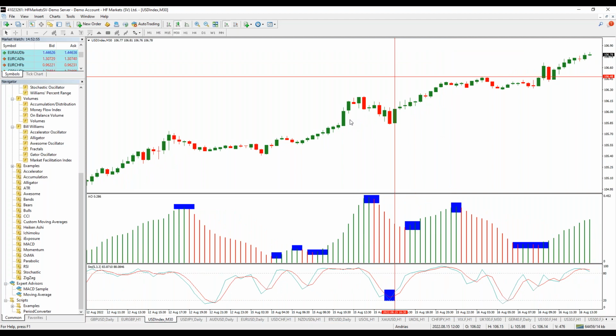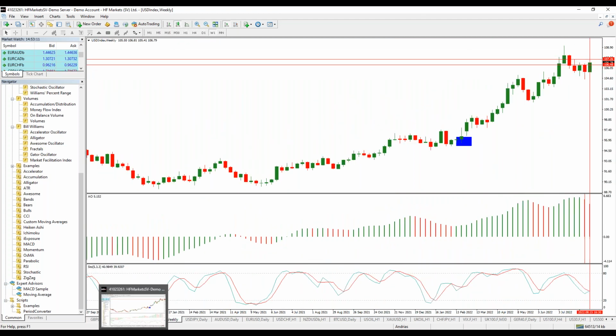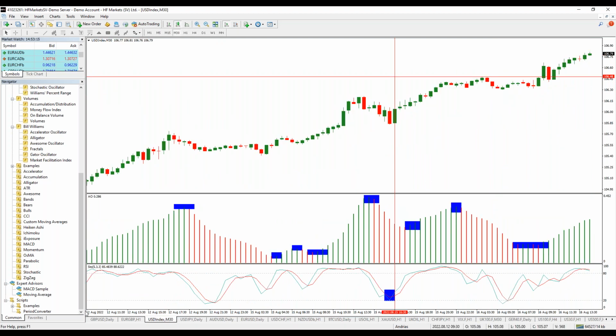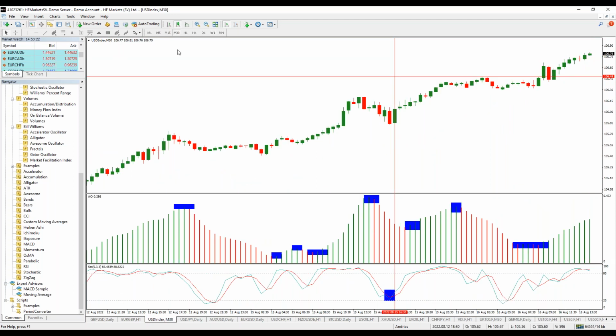So combine it with something more in order to get further confirmation of your decision. But if you're going to use it in a particular time frame, stick to that time frame. Don't move up and down to different time frames, okay? Or try to read other time frames in order to take a position that is for an intraday one. So don't make conclusions on a weekly basis for getting a position into a 30-minute chart.